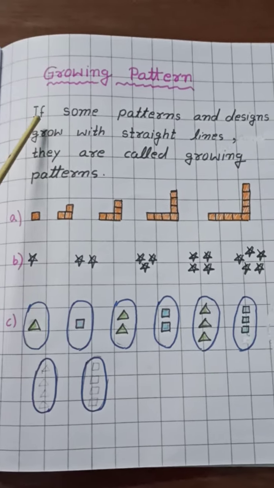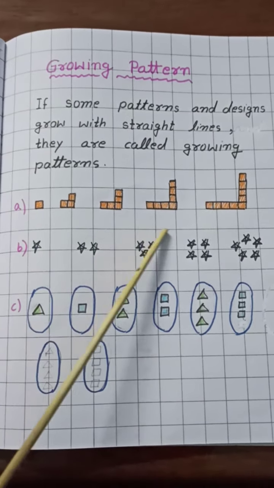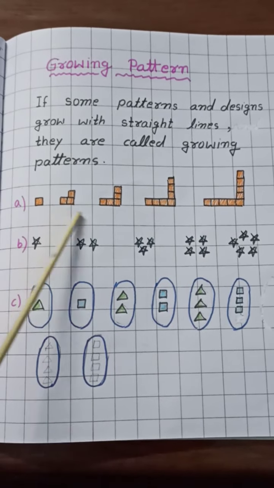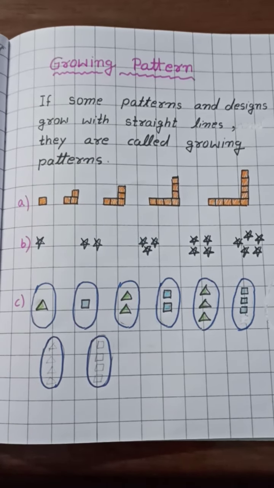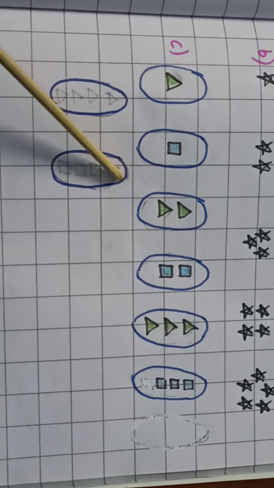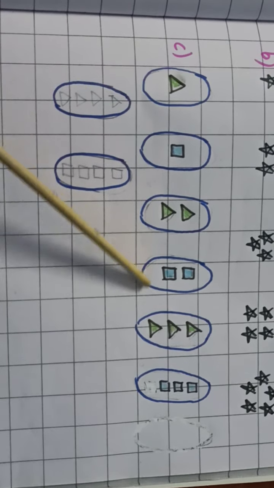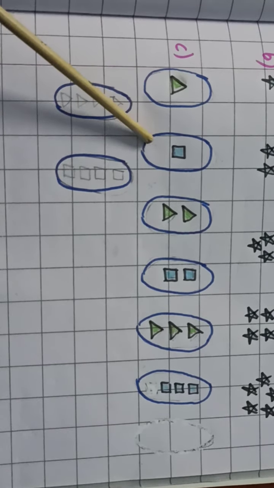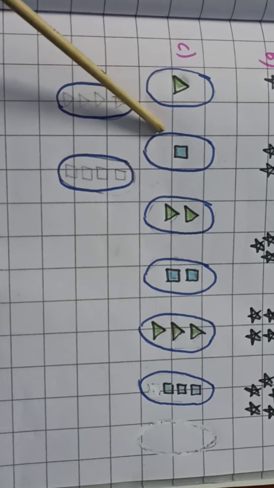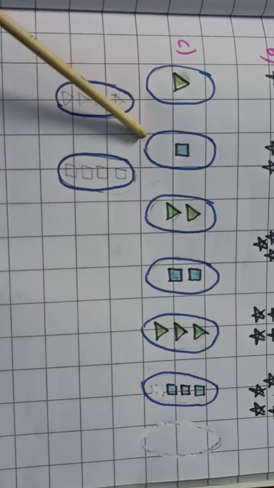First we read, if some patterns and designs grow with straight lines, they are called growing patterns. I have drawn a new pattern, but it keeps on growing. It does not repeat. So which pattern is this? Are you seeing, children? It has a rule.